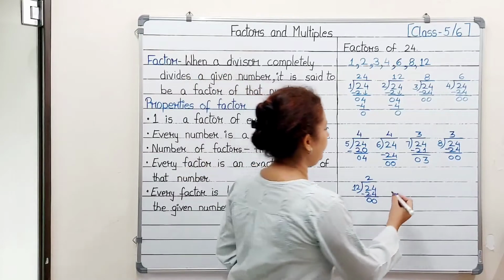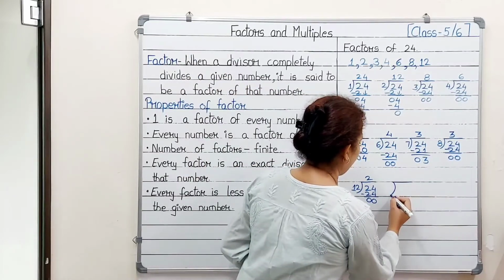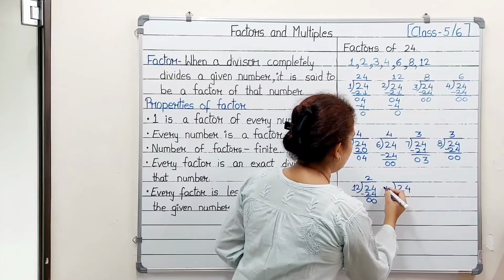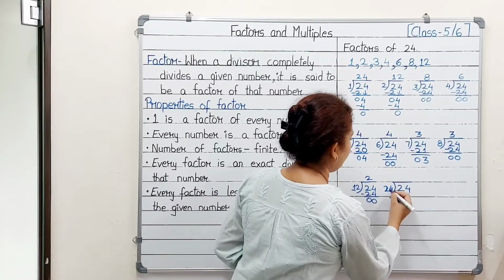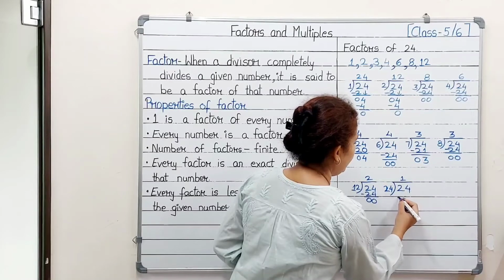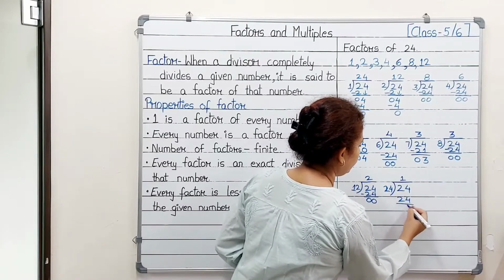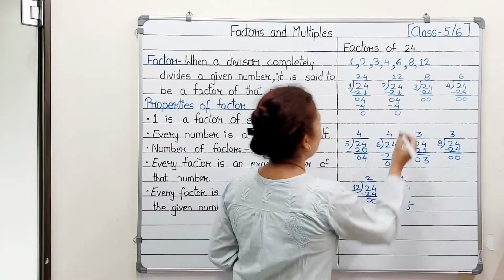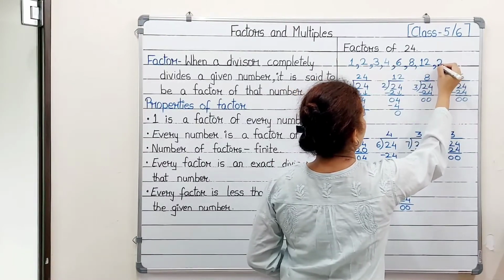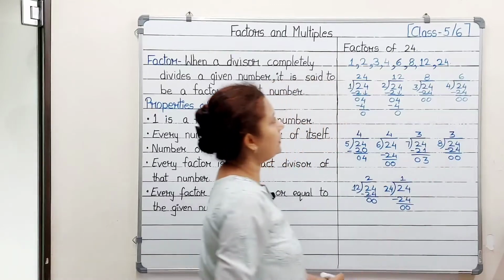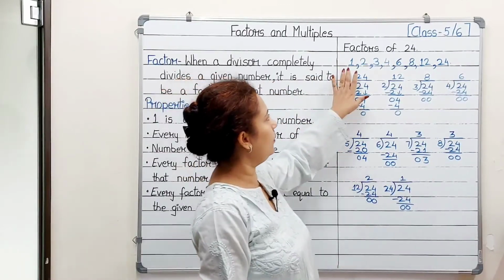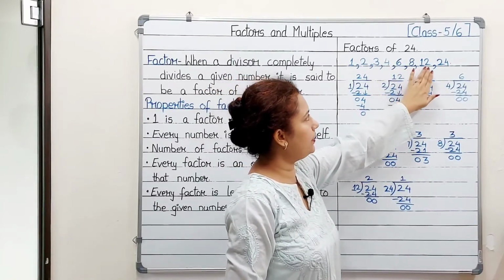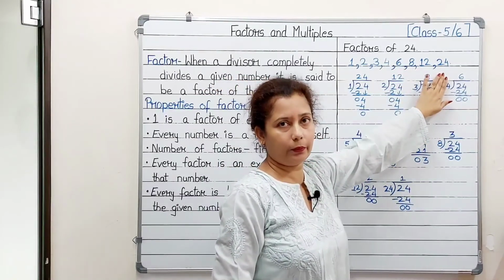Directly it is divisible by 24. So here 24 divided by 24. 24 into 1 is 24. 0 is the remainder. So the next factor is 24. So the factors of 24 are 1, 2, 3, 4, 6, 8, 12 and 24.